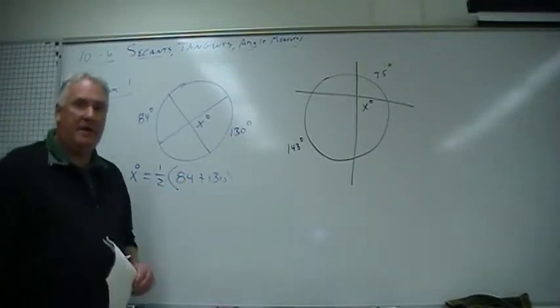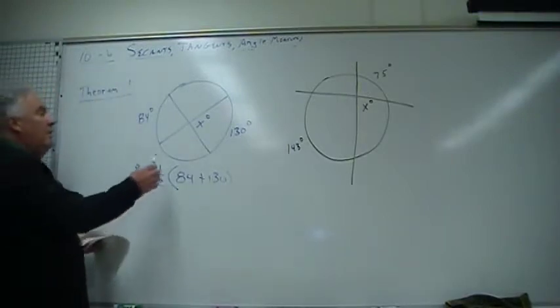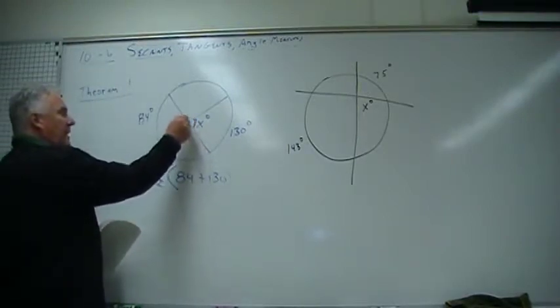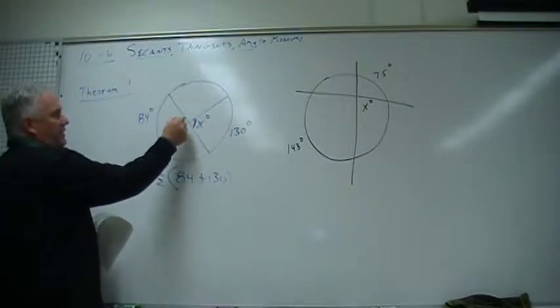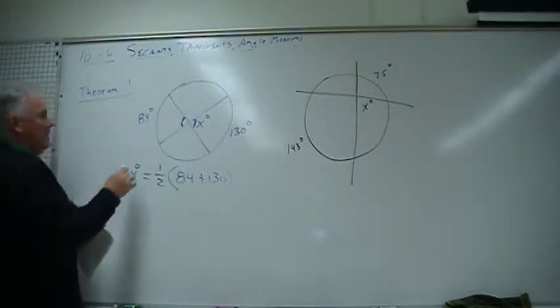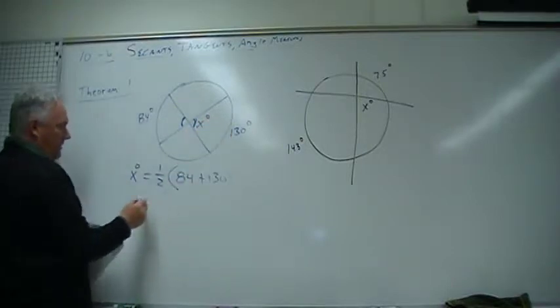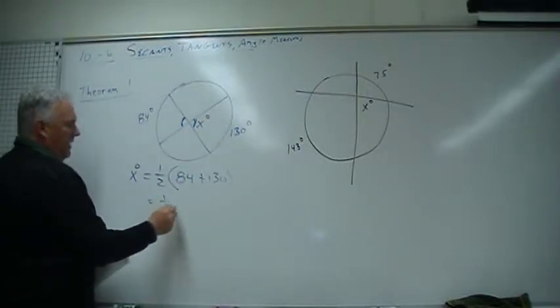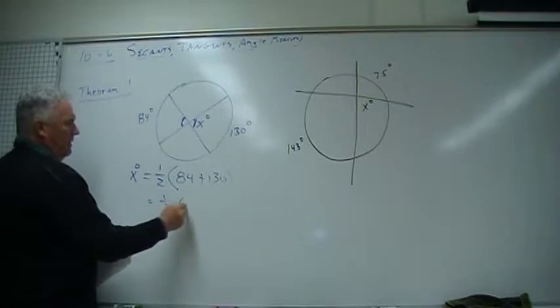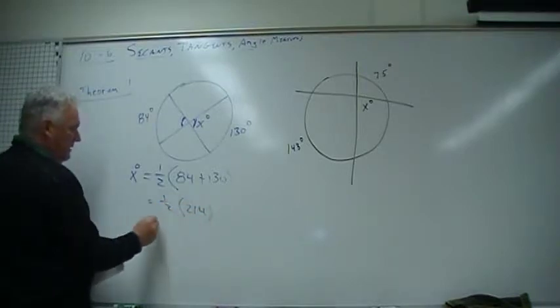130) in this case. So the measure of this angle and this angle, because vertical angles are congruent, add the two arc measures and divide by 2. So that'll be 1/2 times 214.